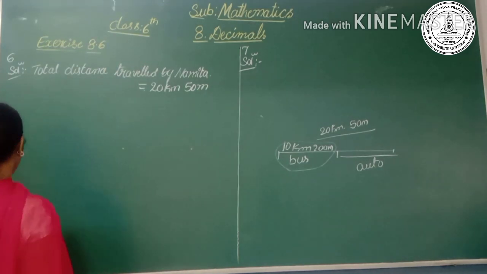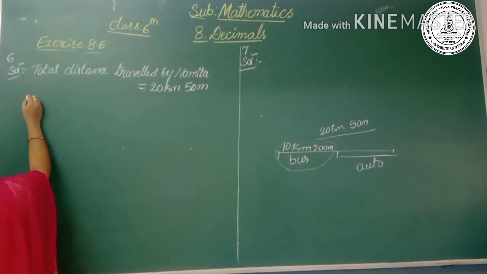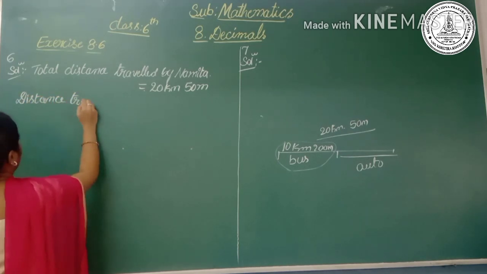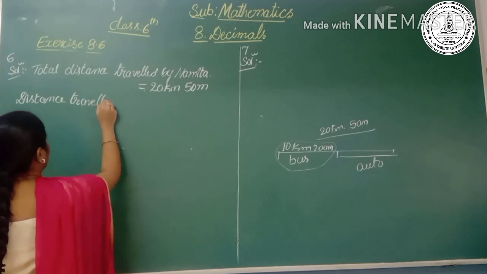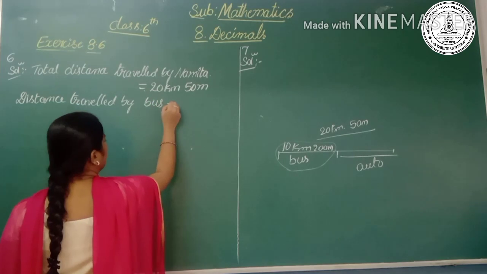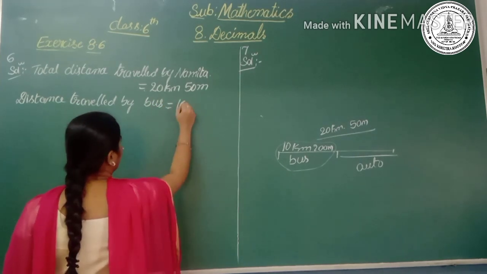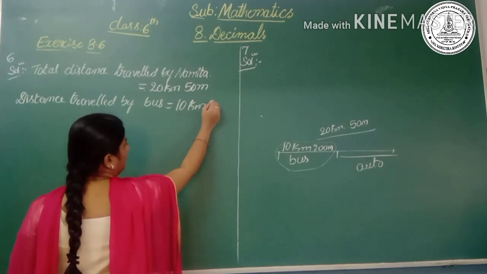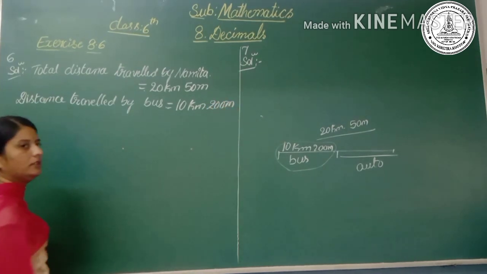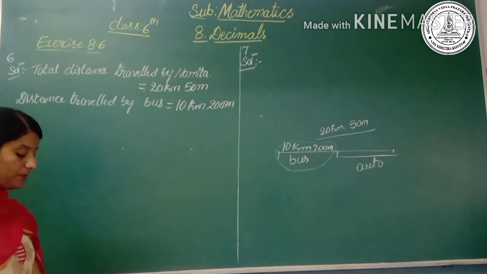Then the distance traveled by bus is 10 kilometer, 200 meter. Then we have to subtract here.